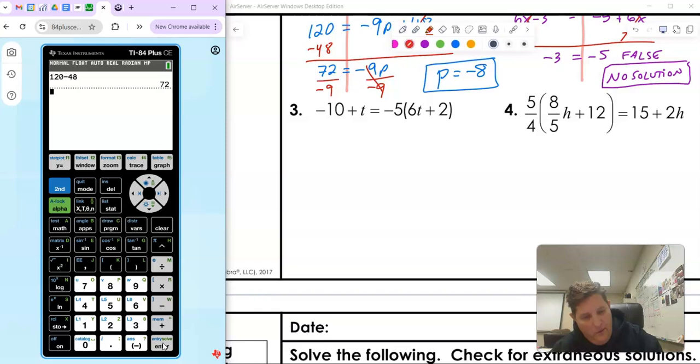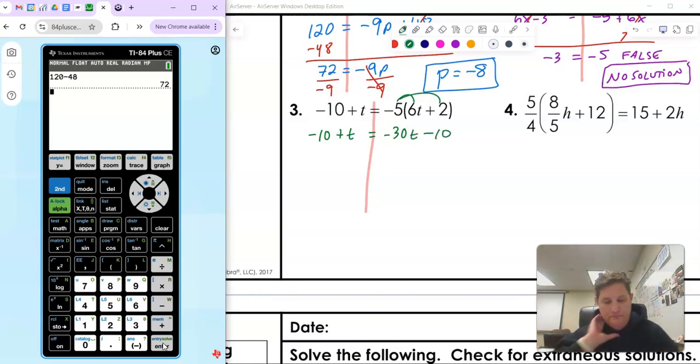Here we go. Alright, draw my little line here. Okay. Negative 10 plus t equals negative 30t minus 10. Alright. Let's get the variables on the same side.